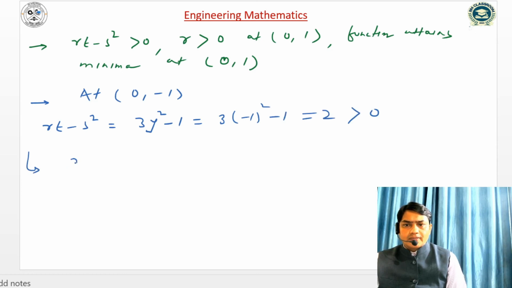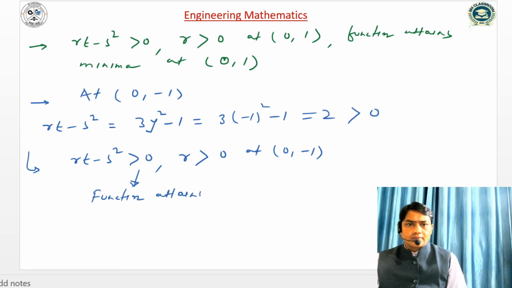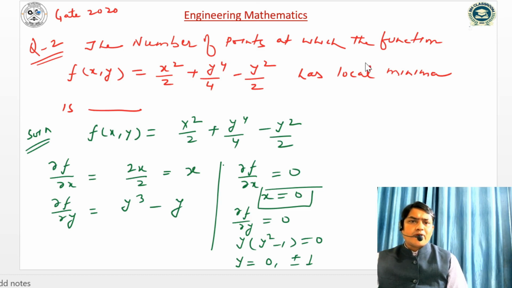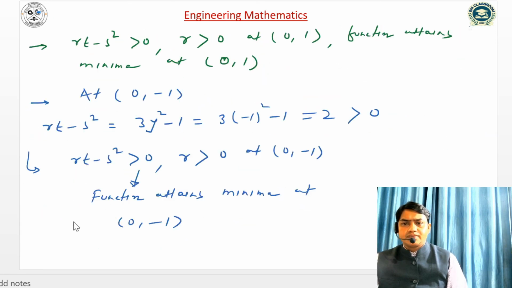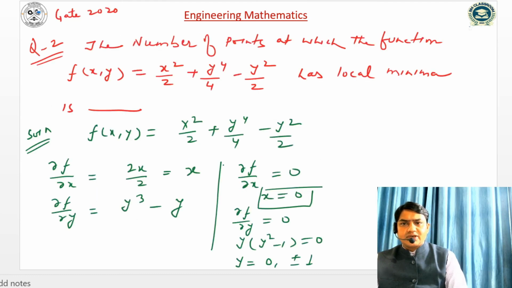So we can write rt minus s square is greater than 0 and r is also greater than 0 at 0 minus 1. It means the function attains minima at 0 minus 1. So the question is the number of points at which the function has local minima, that is 2 points. So the answer is 2.